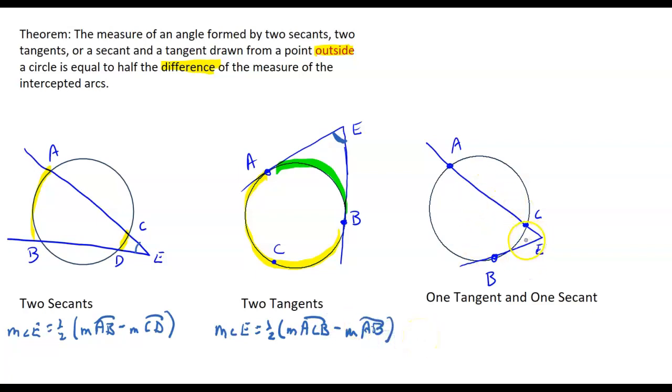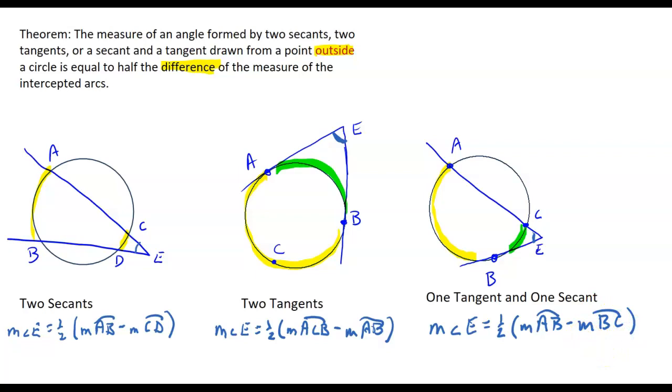And then this is just using a tangent and a secant in combination. So the same rule applies. I'm going to do the measure of this arc minus the measure of that arc and multiply by 1/2. So the measure of angle E is 1/2 the measure of arc AB minus the measure of arc BC.